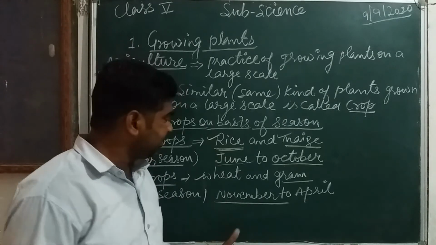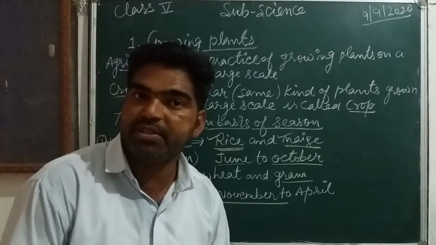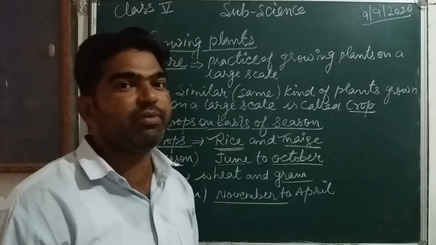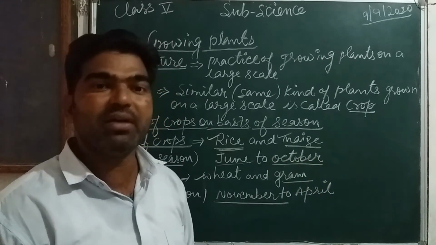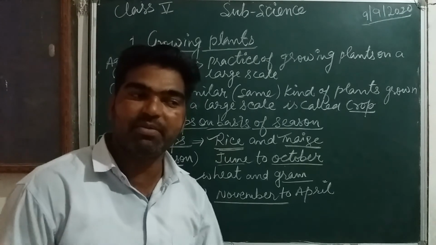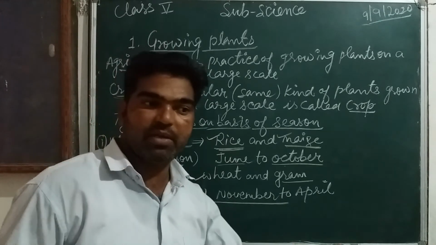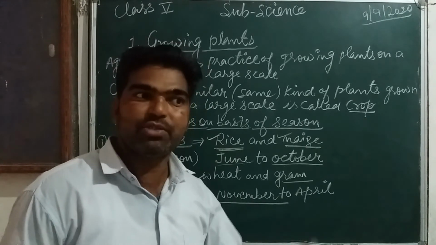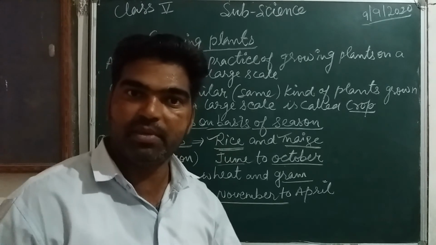Okay, now next, the different types of soil. We know that different types of soil are also suitable for different types of crops. For example, cotton is best suited to black soil, means black soil is the best suitable for growing cotton. In the same way, for Assam and Darjeeling, that hilly soil is suitable for the growing of tea.